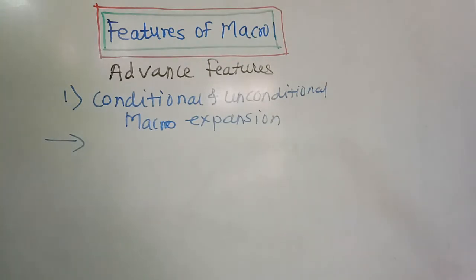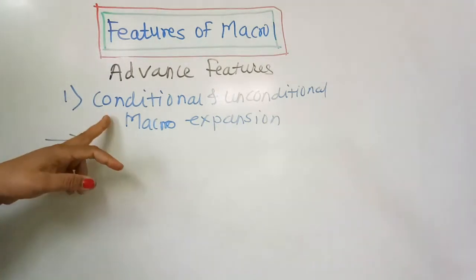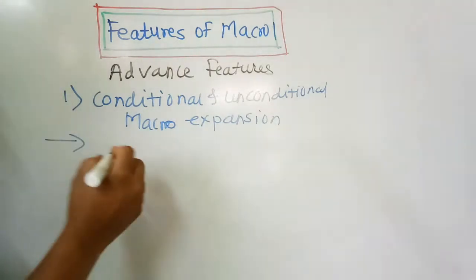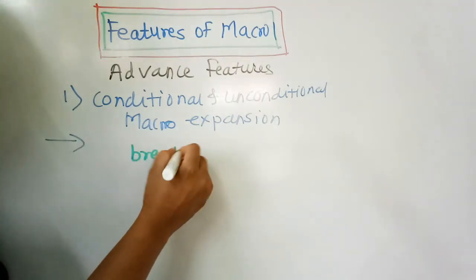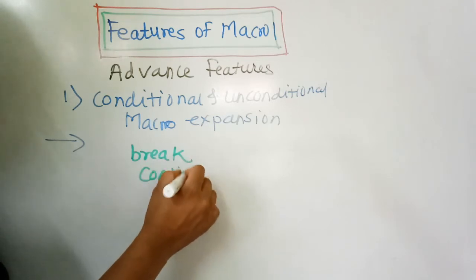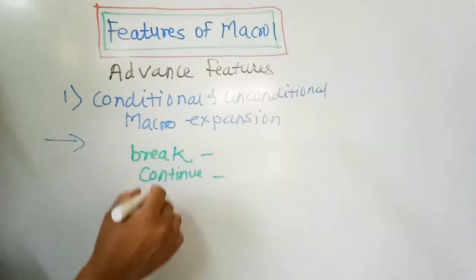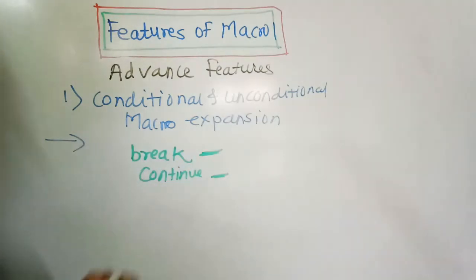There are different types of statements which break the normal sequence of execution and transfer the execution control to somewhere else. Means these are nothing but the conditional and unconditional macro expansion. Like in other programming, break and continue were the statements used to break the expansion of any statement or any function.